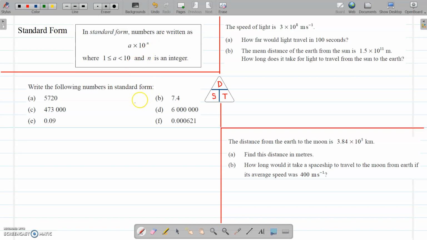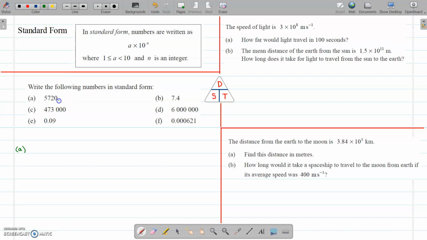All right, now we'll start with the 6 questions here on the left, which are just simple conversions into standard form. If we start with A, we need to move the point. This is currently the number 5720 with a decimal point at the end, if you like.